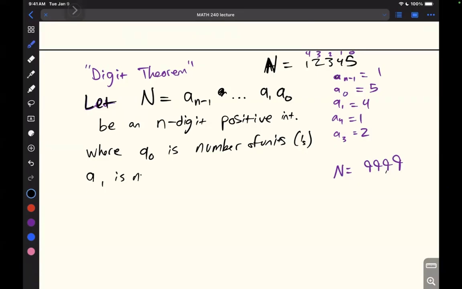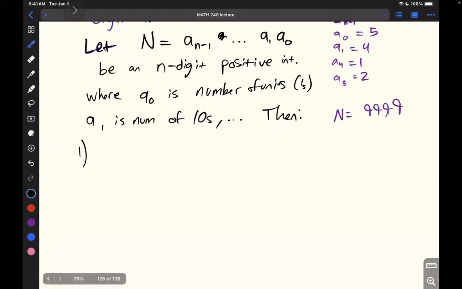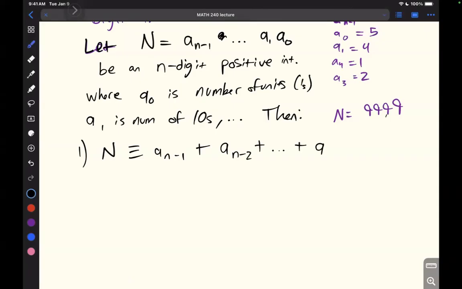A1 is the number of tens, and so on. Then we've got some fun rules. We'll say that n is congruent to a sub n minus 1 plus a sub n minus 2, and so on, plus a1 plus a0. This says something mod 3.